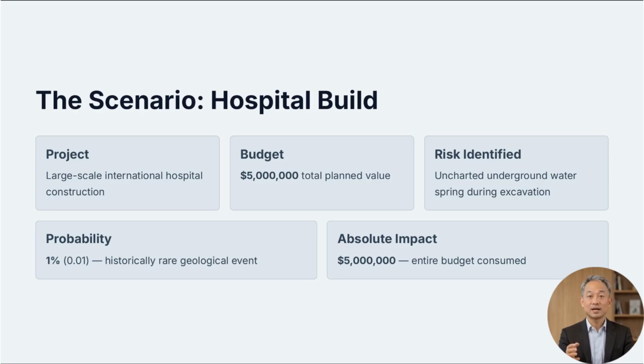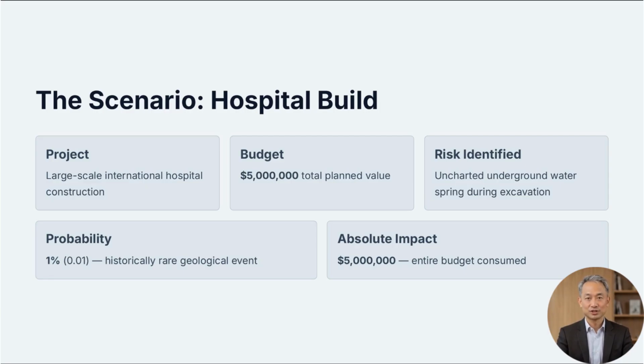Let us set up a scenario identical to what you might encounter on an exam question or during a real-world project review. Imagine you are managing a large-scale international hospital construction build with a total planned value budget of $5 million. During planning, your engineering team identifies a rare risk of hitting an uncharted underground water spring during excavation.